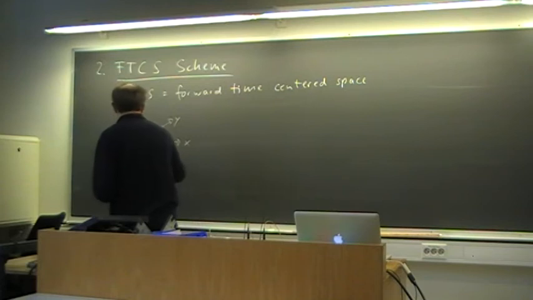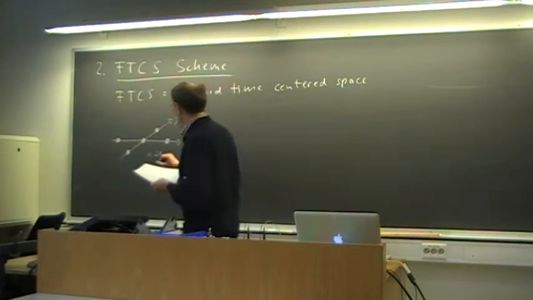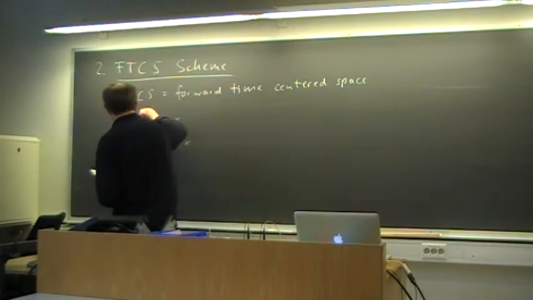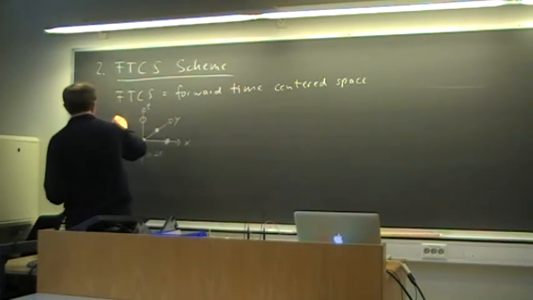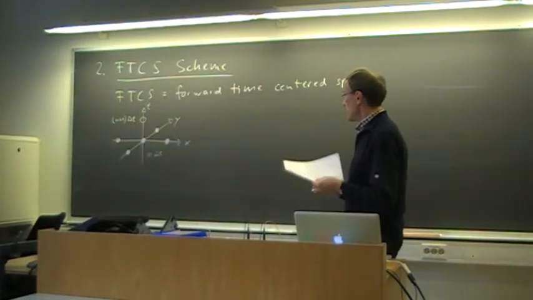And this is at the time level n delta t, or Tn. And what we want to determine is the solution at the new time level, that is at the time level n plus 1 delta t. So this is sketched in perspective.